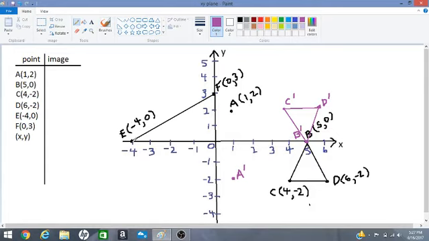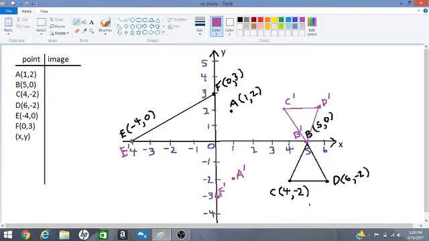When we reflect point E in the x-axis, we get E prime falling right on top. E prime falls on top of E. When we reflect F in the x-axis, the same distance away from the x-axis is 3 units away. So F prime would also be 3 units away from the x-axis, to be right here.